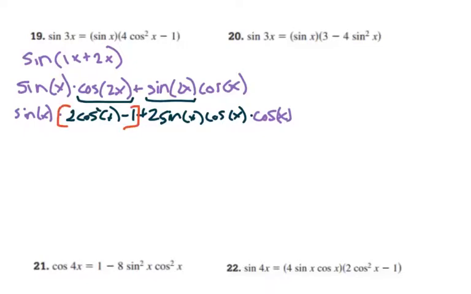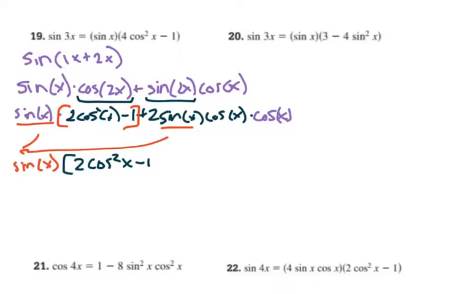And so what I'm going to do is actually take out a sine from each of these two sections and be left with a sine out front. And then inside, we'll have 2 cosine squareds of x minus 1, and to that we'll add 2 cosine squared.